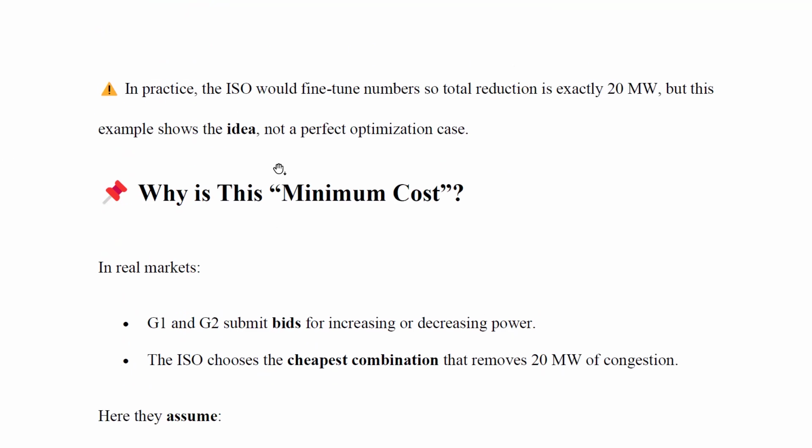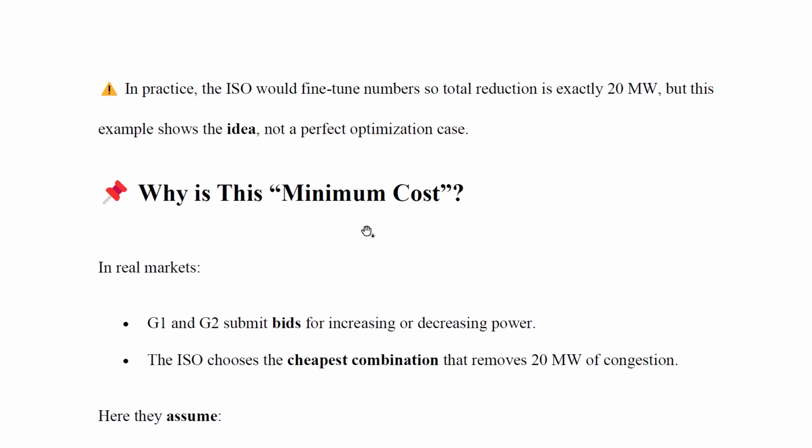In practice, the ISO would fine tune this number so the total reduction is exactly 20 megawatt. But this example shows the idea. It's not a perfect optimization problem. You just have to get an idea of how congestion management is done.